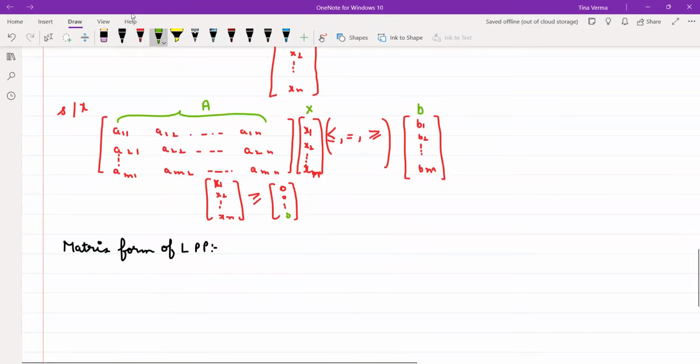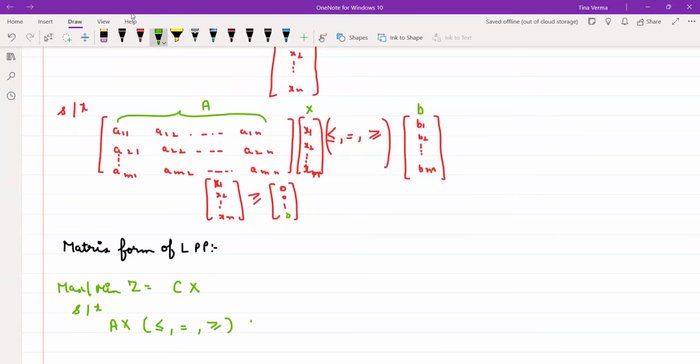So what is the matrix form of LPP? Either you have a function to maximize or minimize Cx, subject to Ax, where the inequality can be less, equal, or greater, and here you have the B vector, and you are taking X greater than or equal to 0.